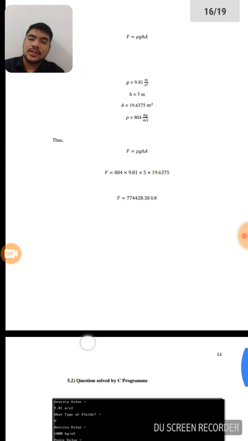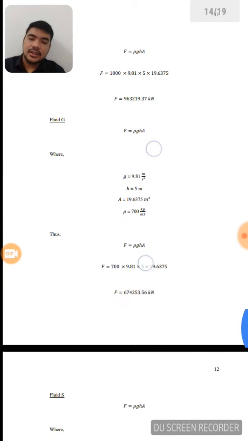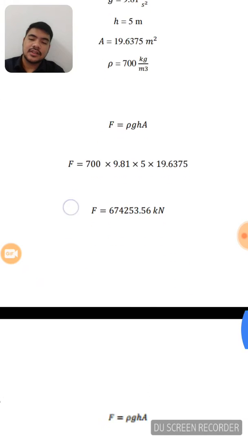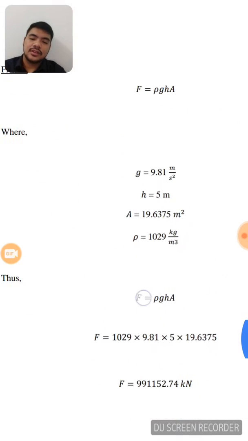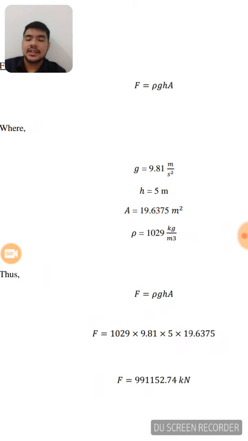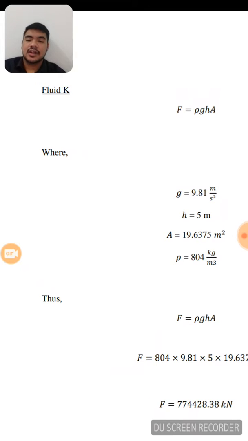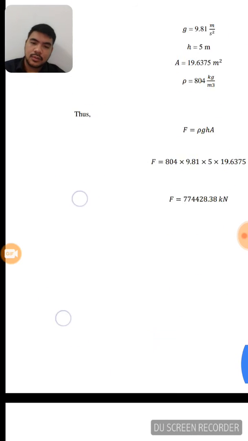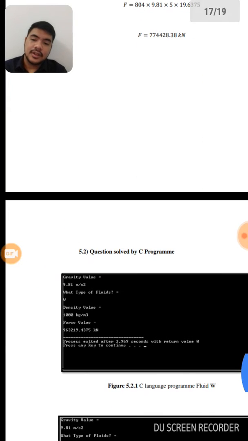So the process is repeated for fluid G, whose density is 700, and then fluid S, which is 1029, and fluid K, which is 104. The process is repeated and we get results equivalent to the values produced by the C program.